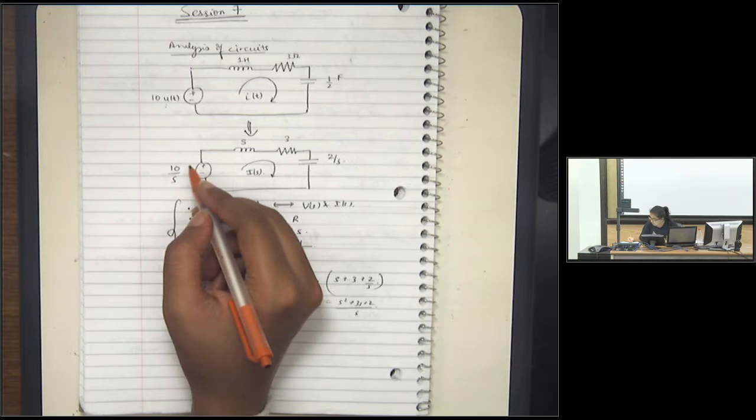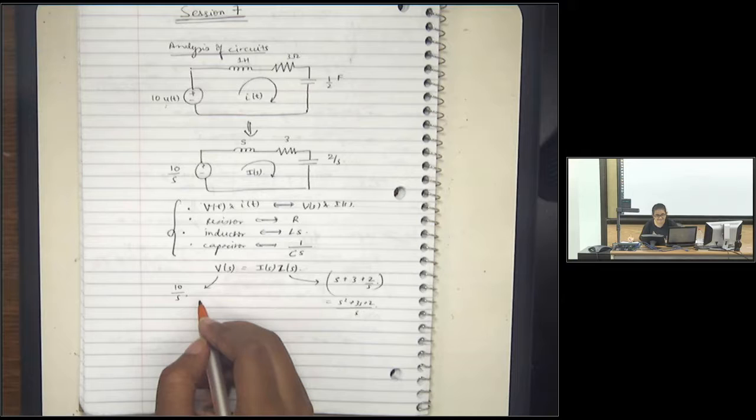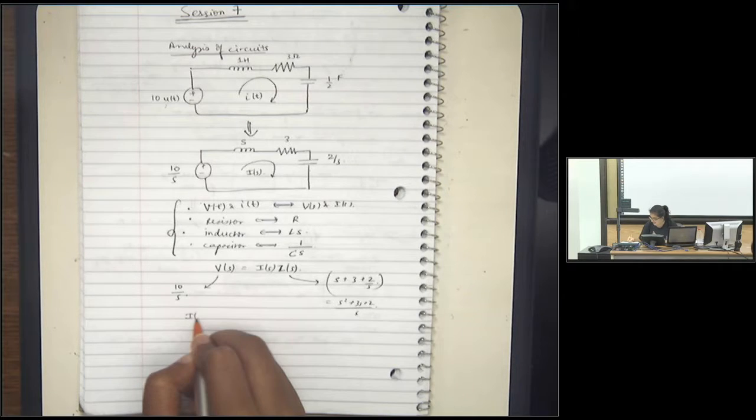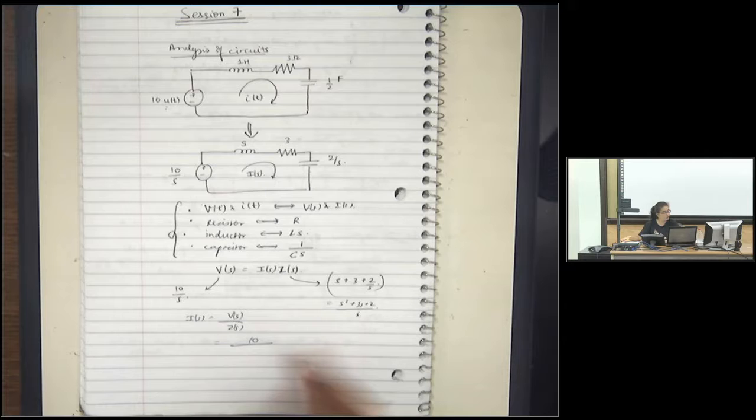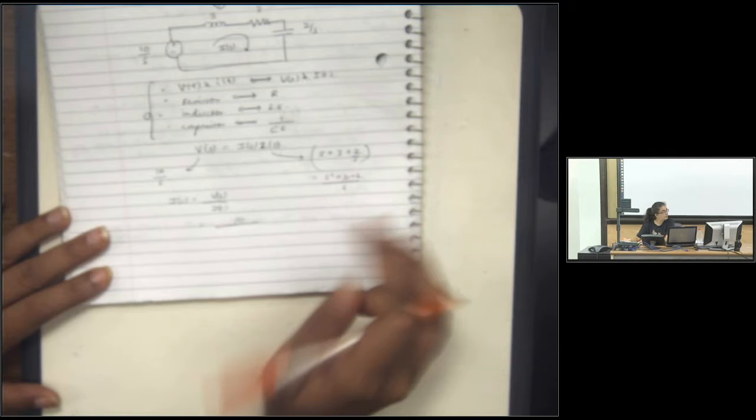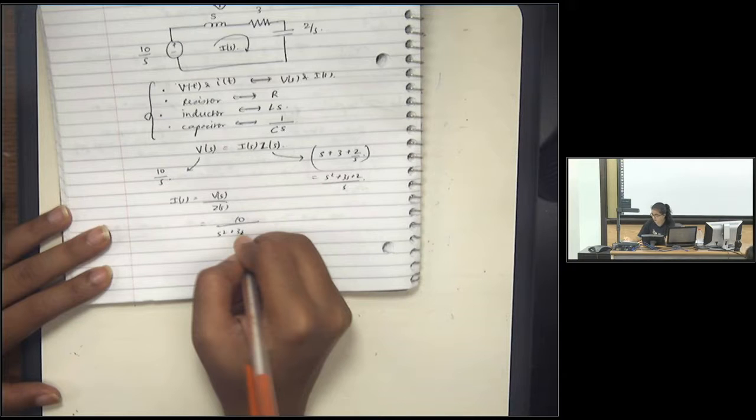All right. So now I(S) is just V(S) over Z(S), which will give us 10 over S square plus 3S plus 2.